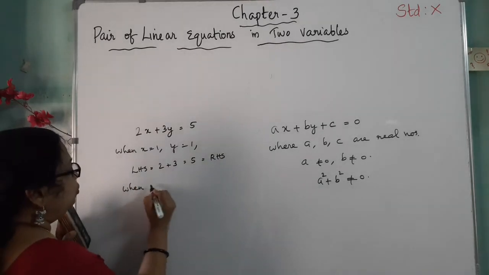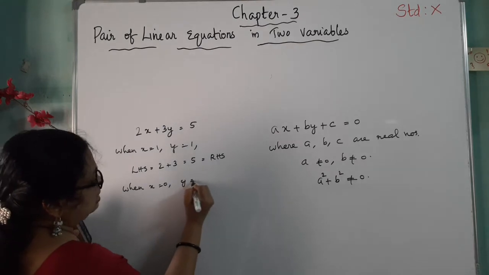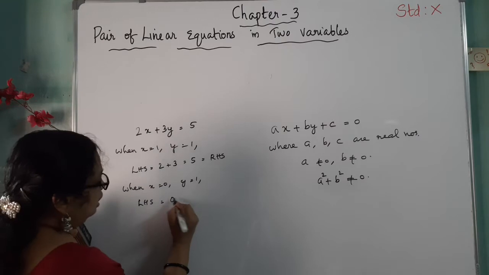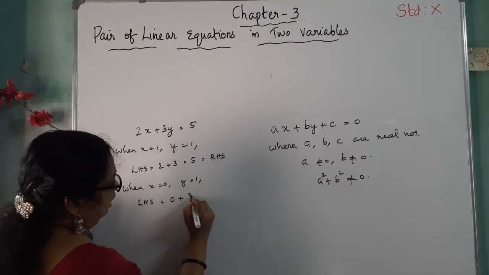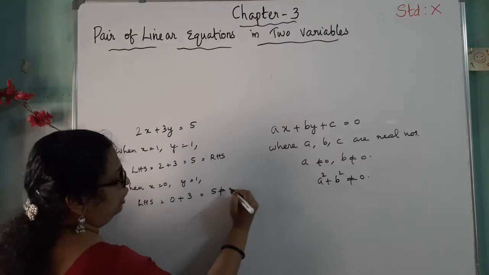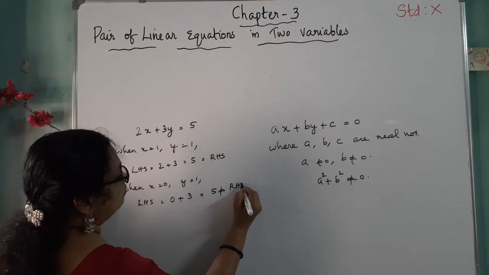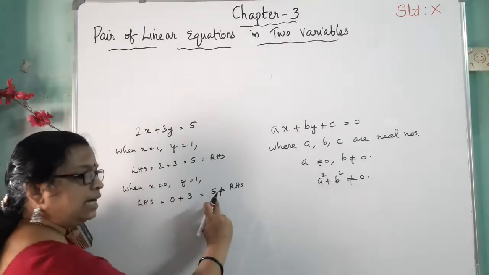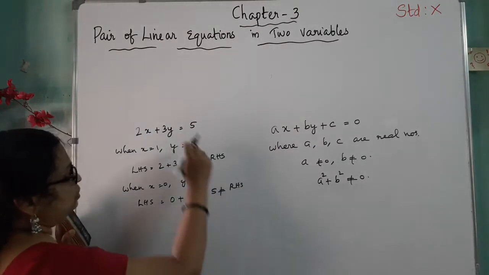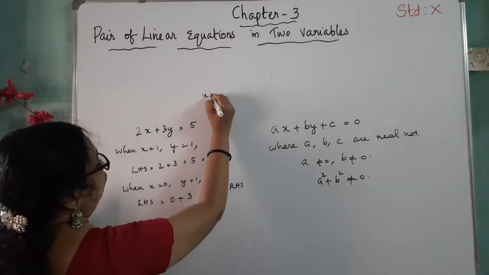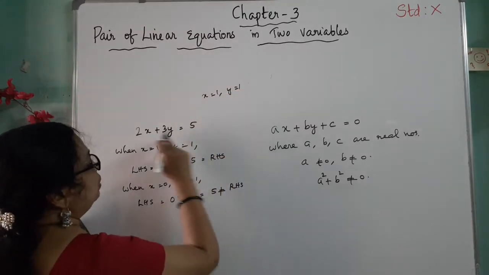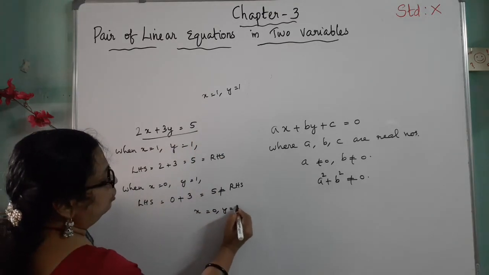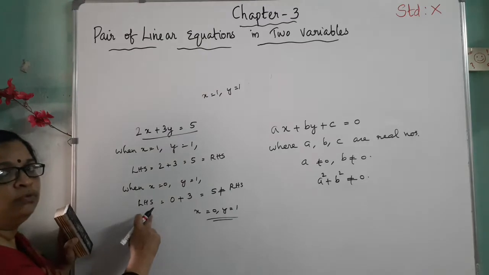Then when x equal to 0, y is equal to 1, then LHS equal to 2 into 0, that is 0, plus 3 into 1, 3, equal to 3, which is not equal to RHS, that is 5. So x equal to 1, y equal to 1 is a solution of this equation. But x equal to 0, y equal to 1 is not a solution of this equation.